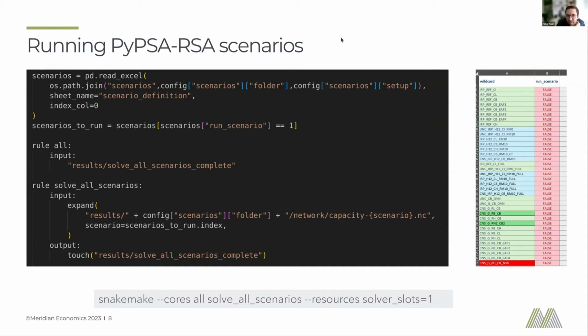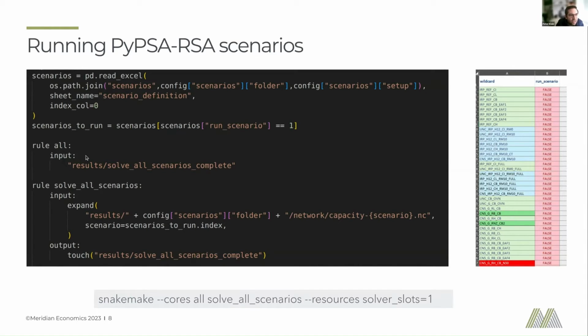I must say this Excel-based interface is a bit of a hybrid between how some of the other international PyPSA models work and how we found setting up and running scenarios works best for us internally.